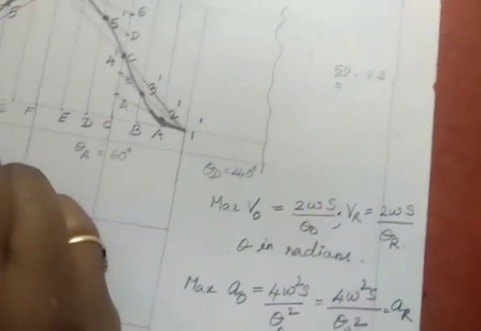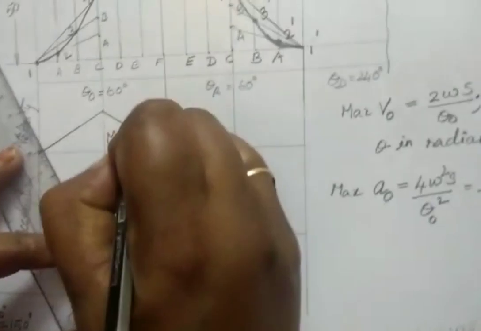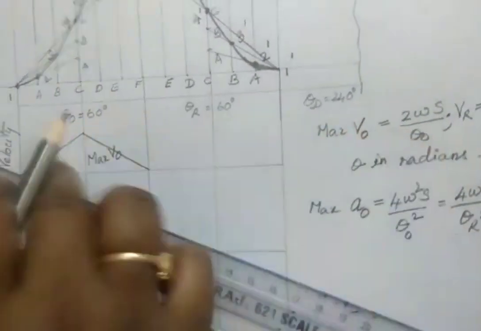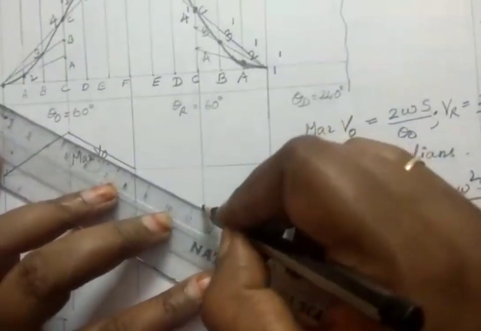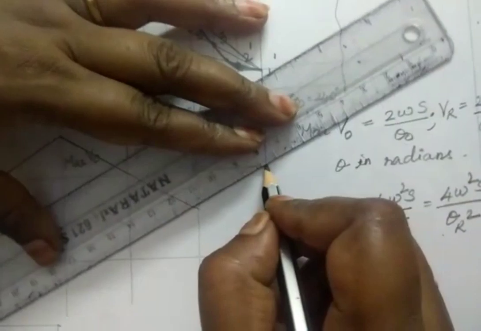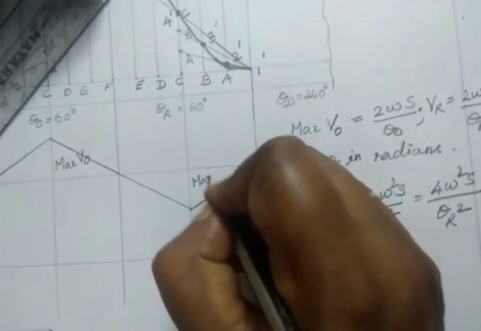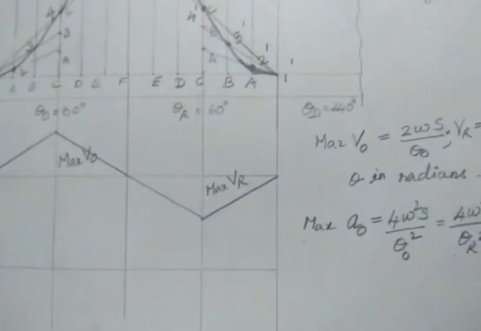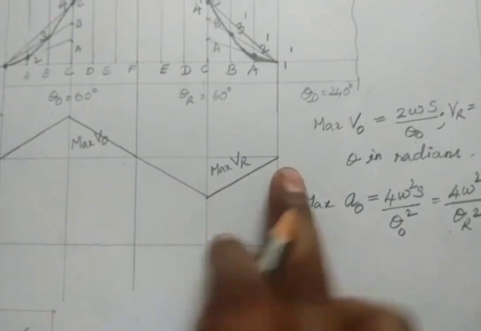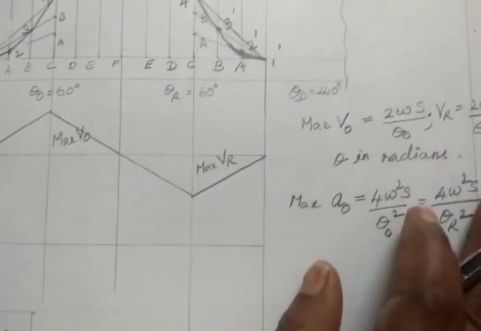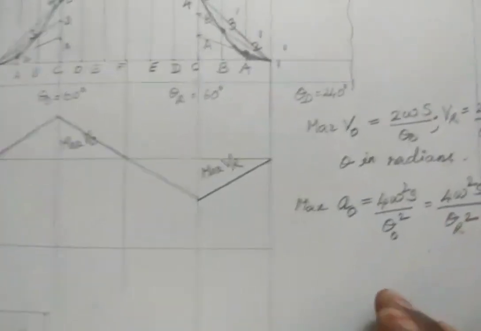So this is your maximum V0, and here also you have to give this V0 value, and here VR, the maximum VR. The calculated value you have to represent here with some suitable scale, and in between, the remaining part is your dwell. Either you represent it or leave this particular one.